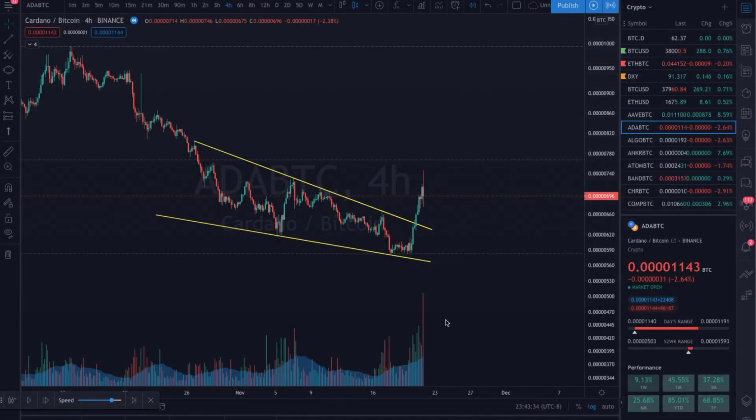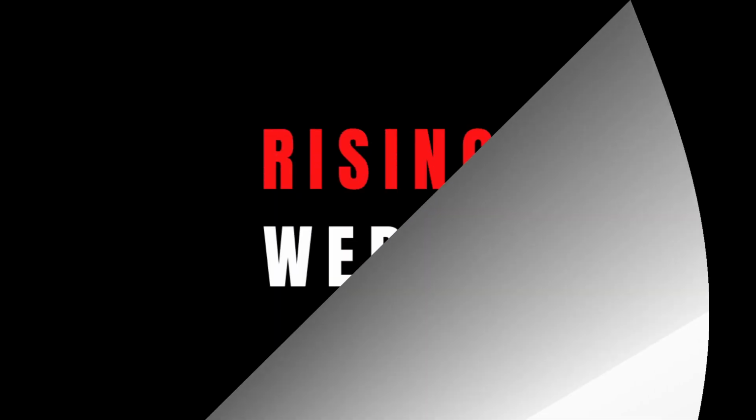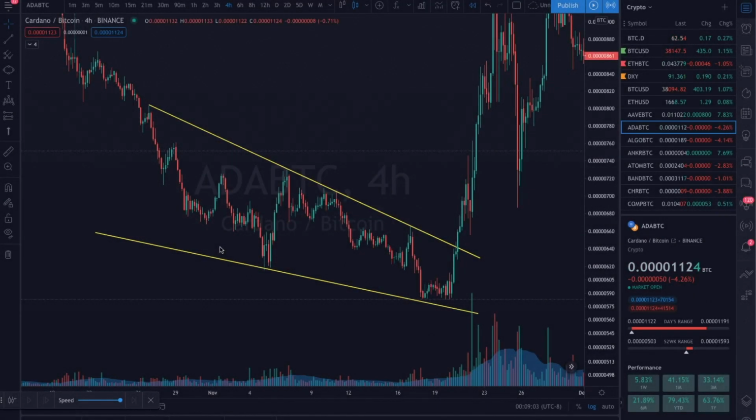Okay, so the next reversal patterns we are going to go over are the wedges. There are rising wedges, which are bearish reversal patterns typically found at the end of an uptrend, and there are falling or descending wedges, reversal patterns that are typically found at the end of a downtrend and indicate increasing bullish momentum. So let's start with a falling wedge.